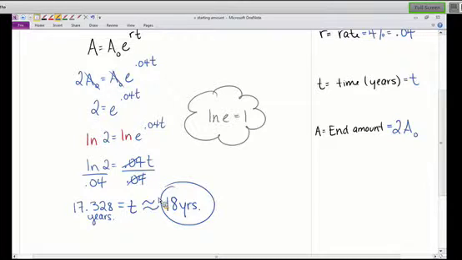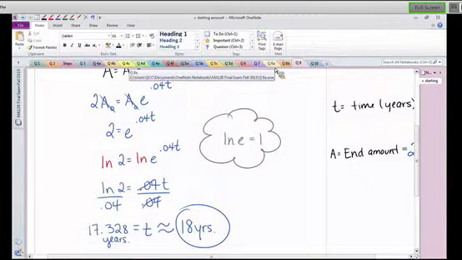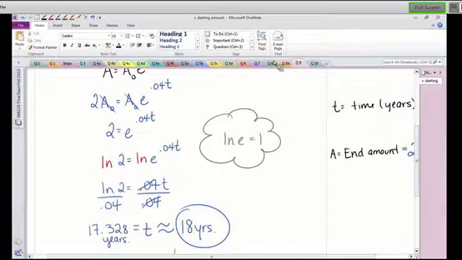A or B? What was 8? Oh, that's the separable differential equation. Which one do you want?